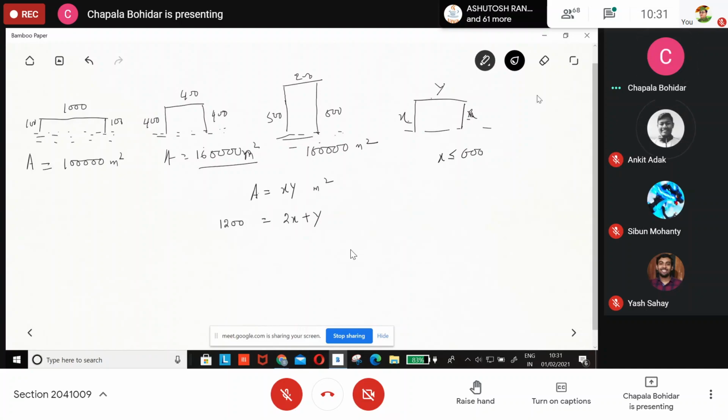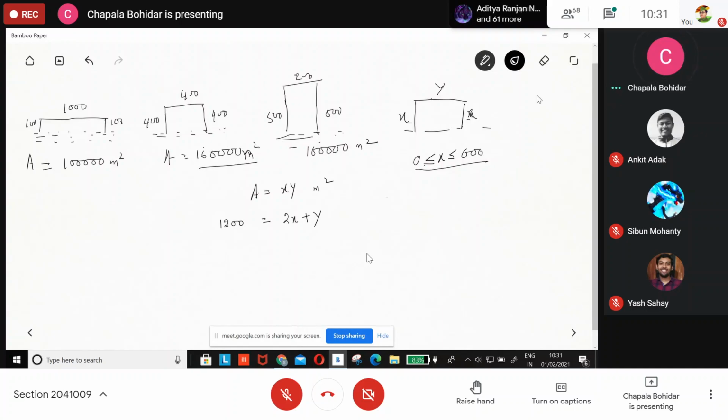And the minimum value, you cannot say that it is 0. If you say 0, then we cannot fence the river. So x lies in between these two domain limits.